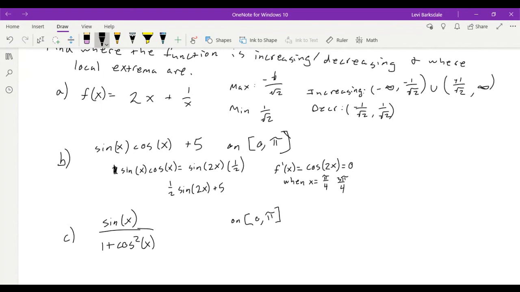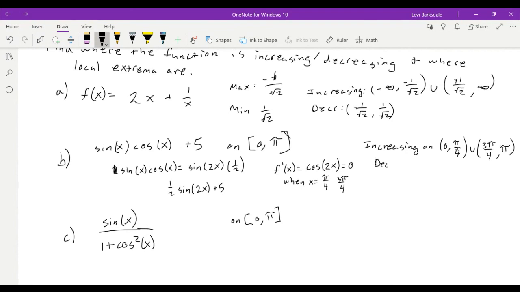And cosine is bigger than 0 from 0 to pi over 4, since you've got the 2x on the inside, or it's increasing on 0 to pi over 4, as well as after it crosses over at 3 pi over 4 all the way up to pi.